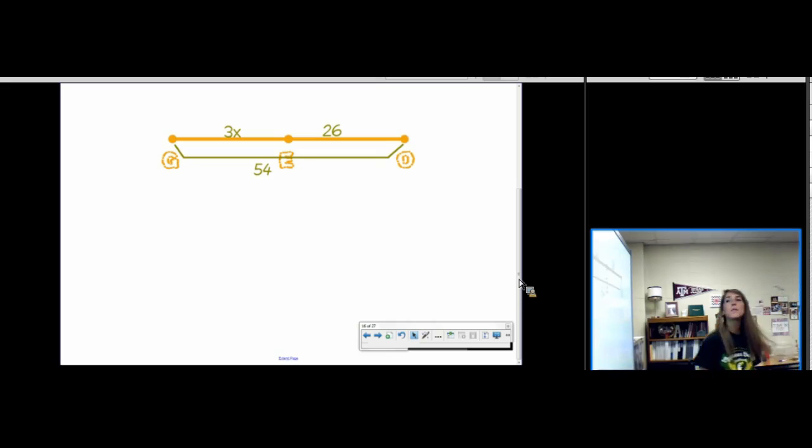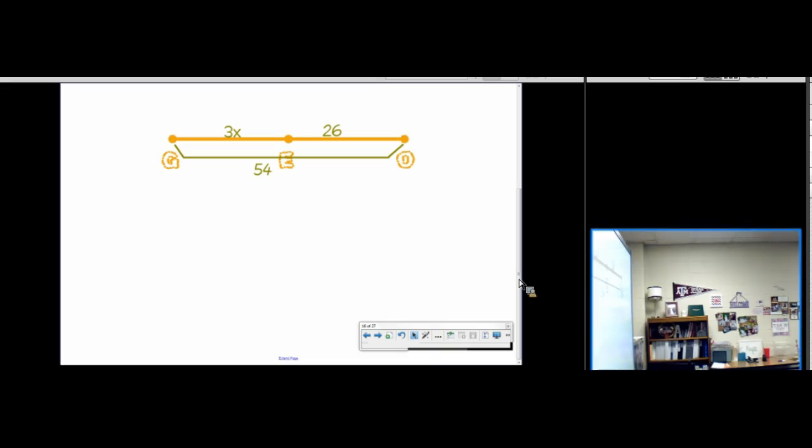Alejandro, is E still the midpoint of GO? No. So, the first problem, it was a midpoint problem. The second problem, it was a midpoint problem. This one is a what problem? What's the last thing we learned? Segment addition. This one's a segment addition problem.